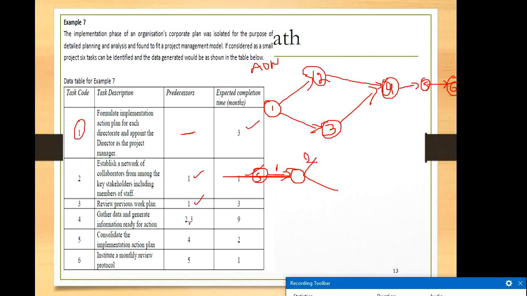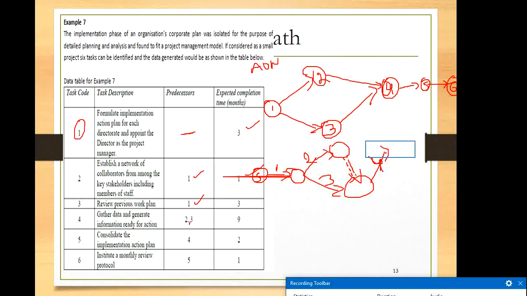Then 4 starts only after 2 and 3 finish. So I am adding a dotted line to indicate this is a dummy, because both 2 and 3 must be finished to go to the 4.